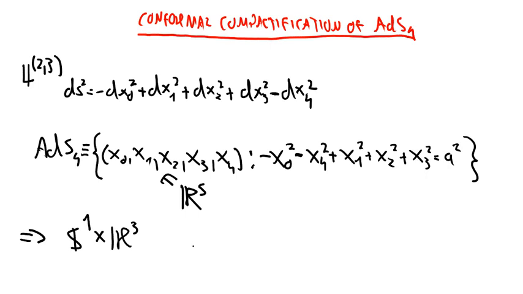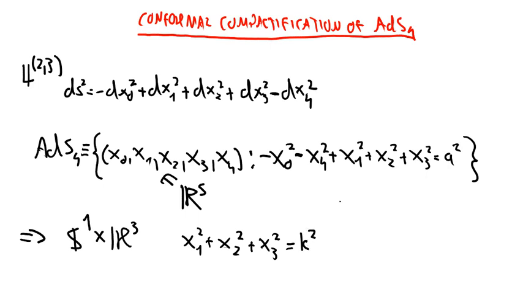one can sort of guess that this is so, because you can just take the set of points such that x1 squared plus x2 squared plus x3 squared is some constant k.